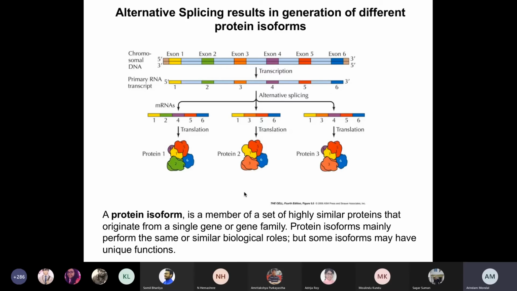And they will have a little bit of differences in terms of their substrate specificity. So all these are enzymes, all these are phosphorylating proteins. Their substrate specificity is almost the same, but they get expressed in different tissues so that they can perform a little bit different functions.